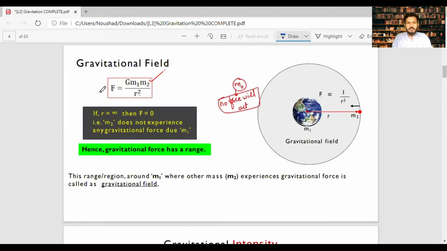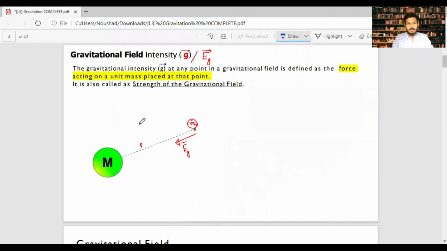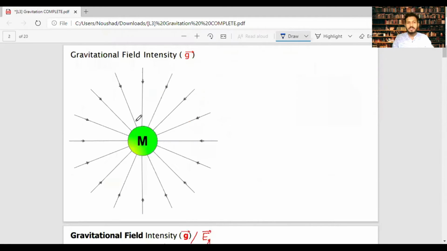Gravitational field means where the gravitational force is experienced. Consider this is a body of mass M. I am placing another body of mass small m here.